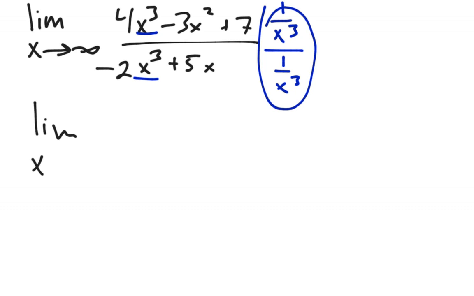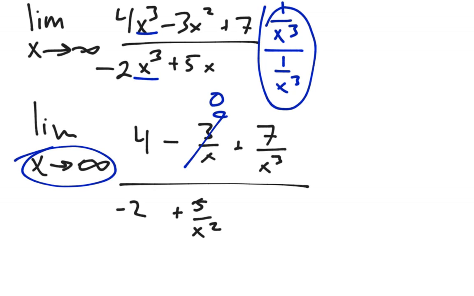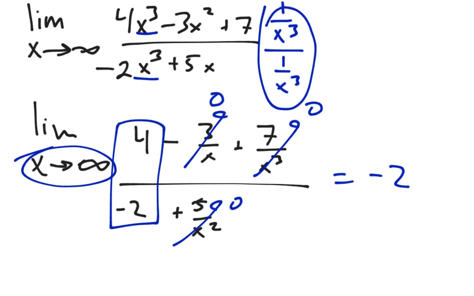Then I will get the limit as x approaches infinity of 4 minus 3 over x plus 7 over x cubed, divided by negative 2 plus 5 over x squared. As x goes to infinity, these terms will go to 0, and I'll be left with 4 over negative 2, which is negative 2. And so these are the limits at infinity. This is how I do them.